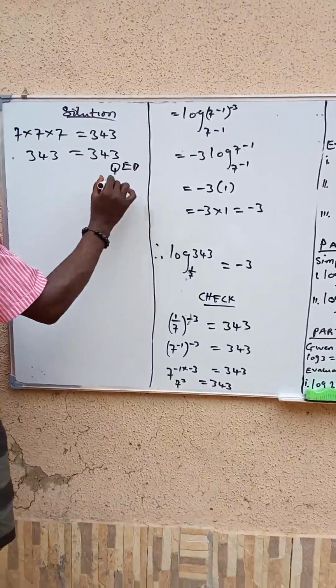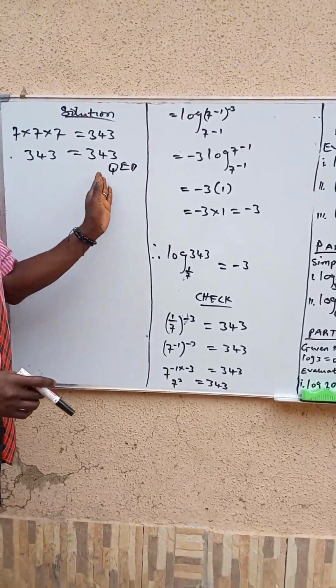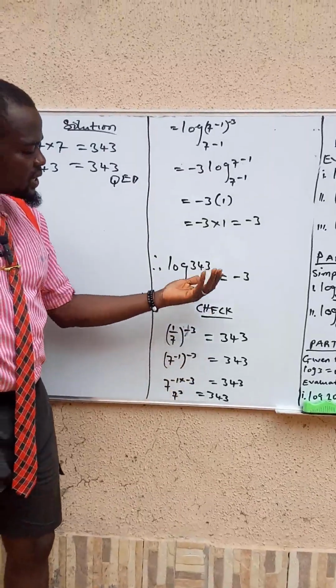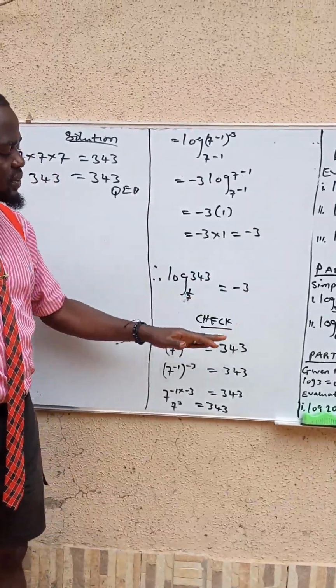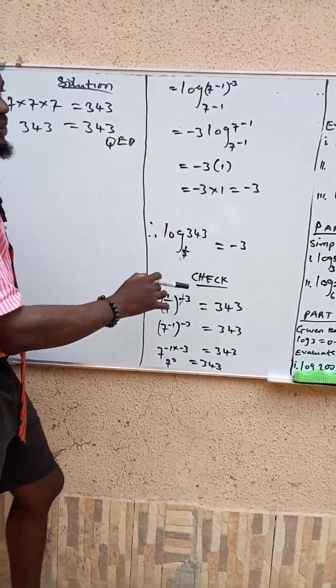QED, quod erat demonstrandum, proved. That means the left hand side is equal to the right hand side. That is how to prove whether you got it right. So this answer is correct, and you see how we did it. So you must reason in mathematics very well.